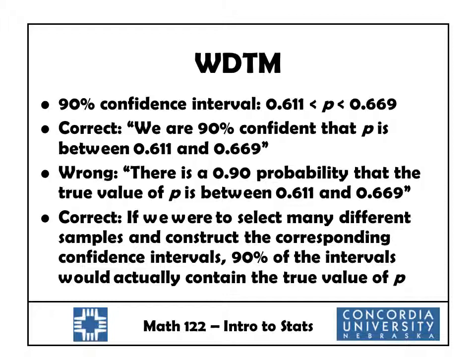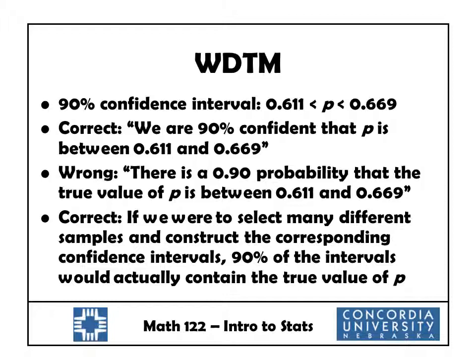An incorrect interpretation of that would be to say there is a 0.9 probability that the true value of p is between 0.611 and 0.669. Now why is that incorrect? Well, because p is either in that interval or it's not. Once we calculated the confidence interval, there's no probability or chance involved.